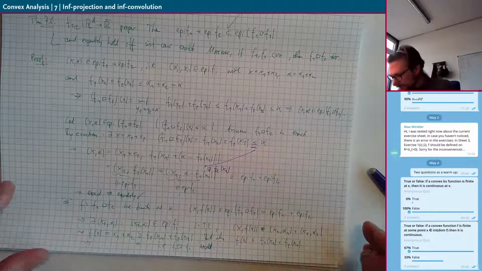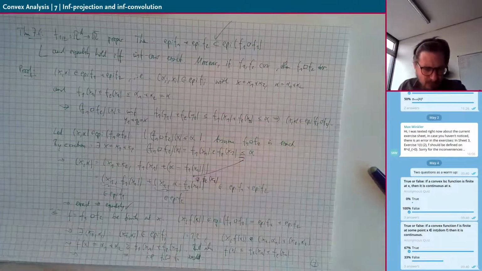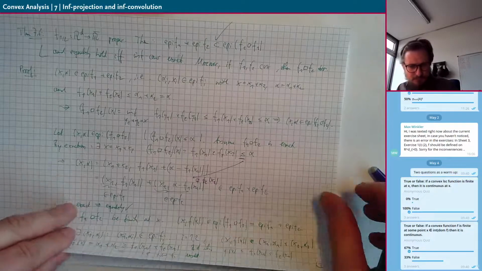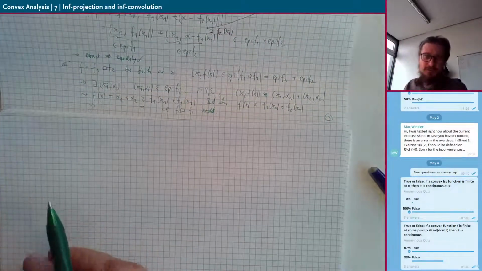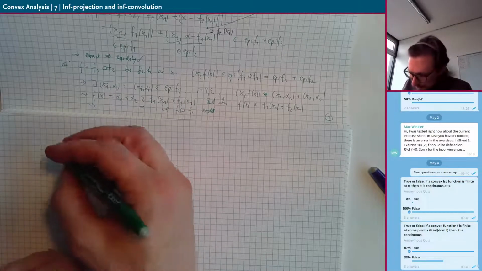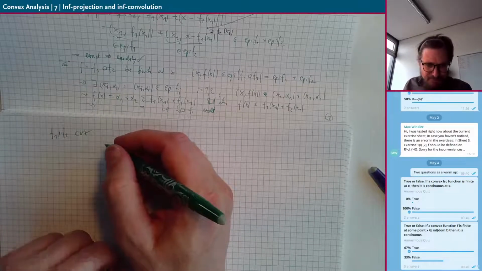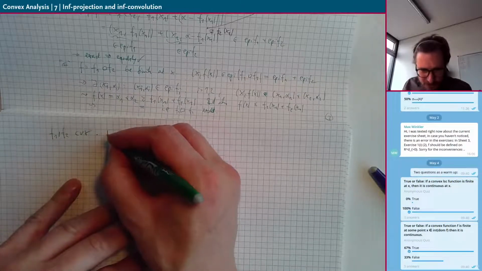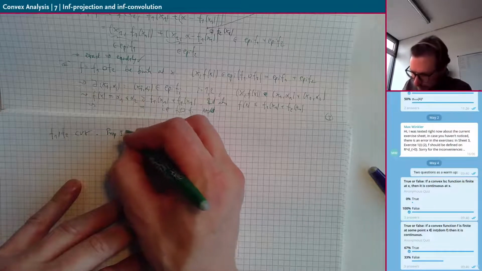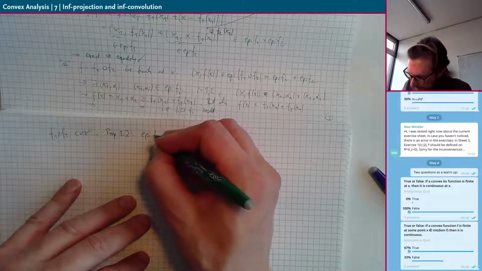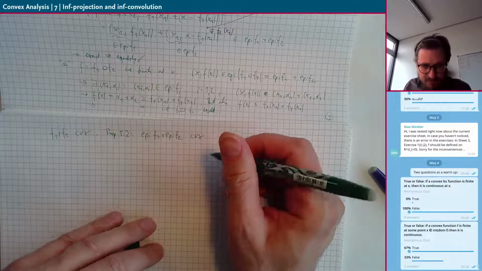Okay, so the final claim to be proven is the last one: the inf-convolution of convex functions is convex again. So if we have f1 and f2 convex, then I think it was proposition 5.3 that the epigraph of f1 plus the epigraph of f2 is also convex.